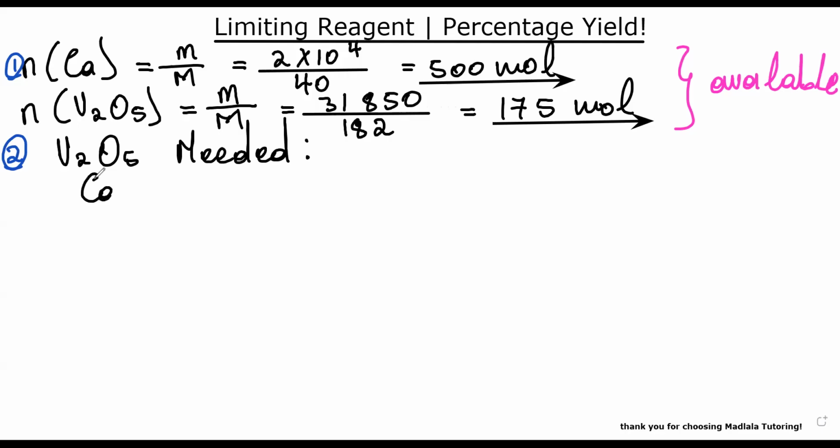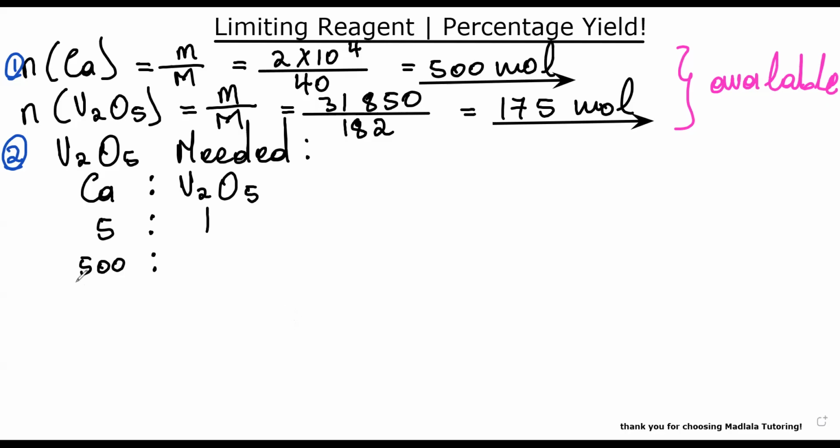We go to the balanced chemical equation and we relate calcium to vanadium pentoxide. These two relate in a 5:1 ratio. So now we want to know if we have 500 moles of calcium, then how many moles of vanadium pentoxide do we have?